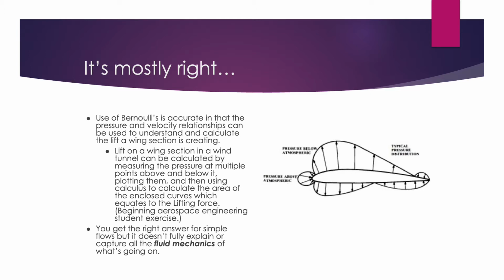Now, the actual shape of these pressure fields, the top is trying to show you low pressure, and the bottom is showing you high pressure. And what you can see is there's a big low pressure area on the top and then a smaller high pressure area on the bottom.